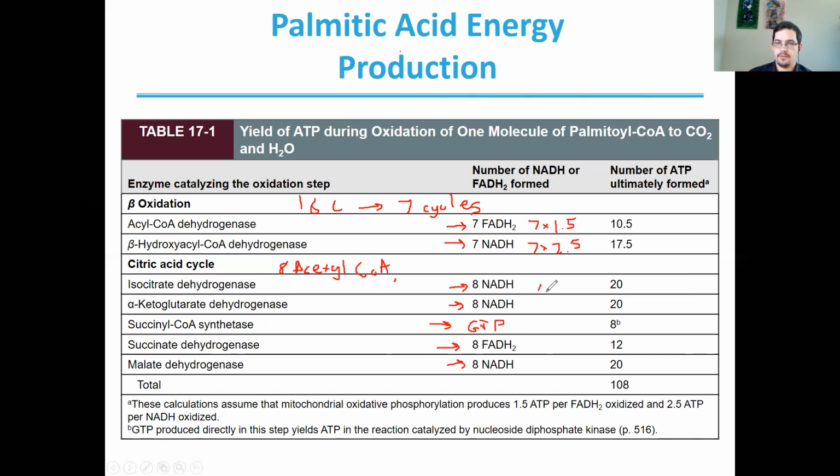So again, each of the NADH we can multiply by 2.5, and each of our FADH2 we multiply by 1.5. And we get our corresponding numbers of ATP that form. If we add all of these up, you get 108 ATP for the total energy produced from 1 unit of palmitoyl-CoA.